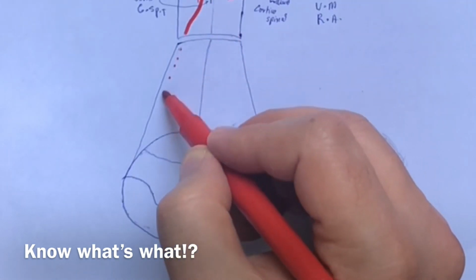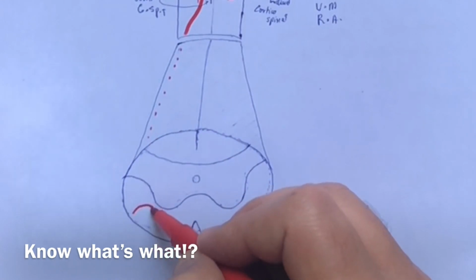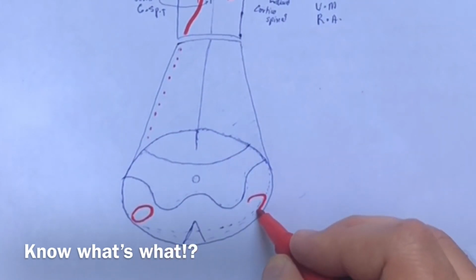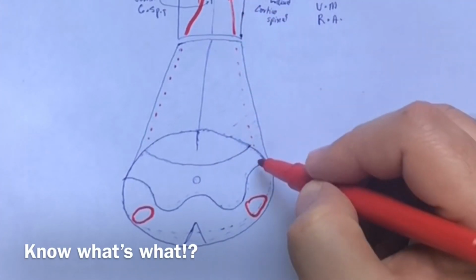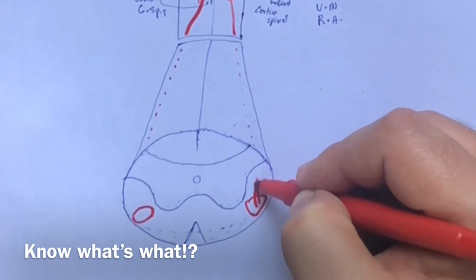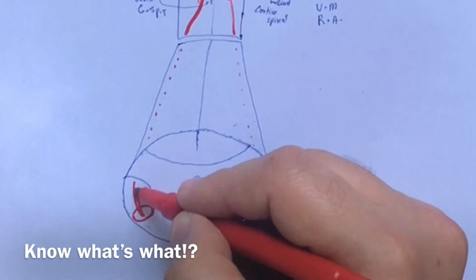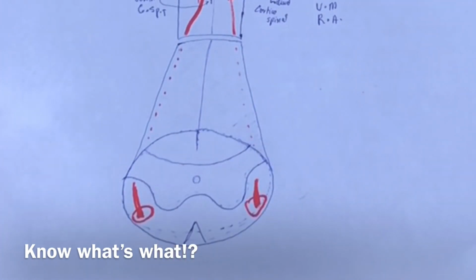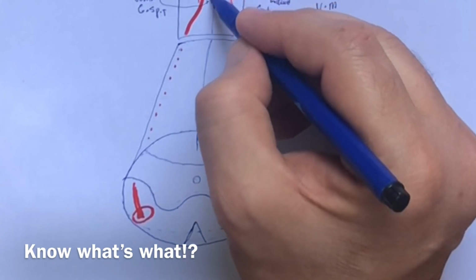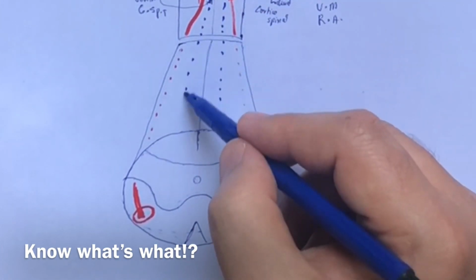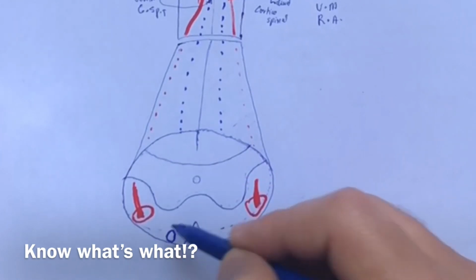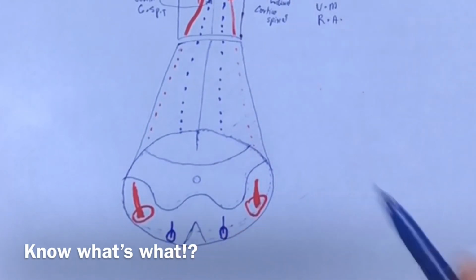This is the lateral corticospinal tract coming here, on the lateral side of the white column, okay? The lateral corticospinal tract fibers will go down throughout the spinal cord and give branches to the anterior or ventral gray column in the spinal cord. And here is the ventral or anterior corticospinal tract.